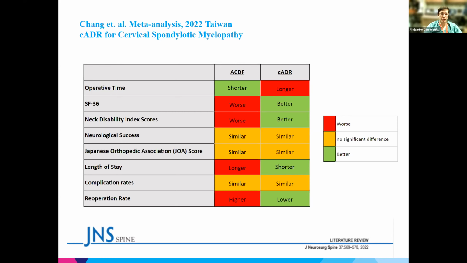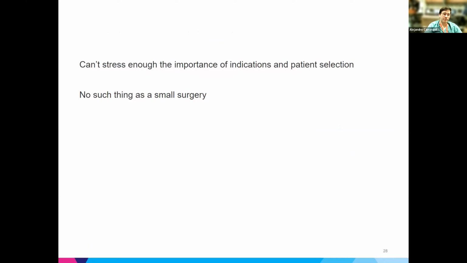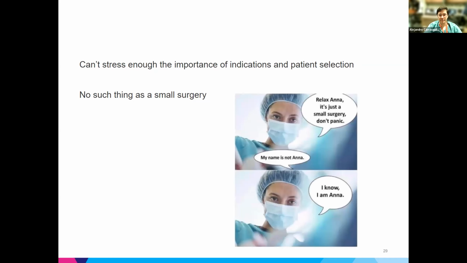There was similar neurological success and similar JOA scores, but shorter length of stay with the arthroplasty and lower reoperation rates. However, I can't stress enough the importance of, one, indications and patient selection. And there is no such thing as a small surgery. So that's all I have.